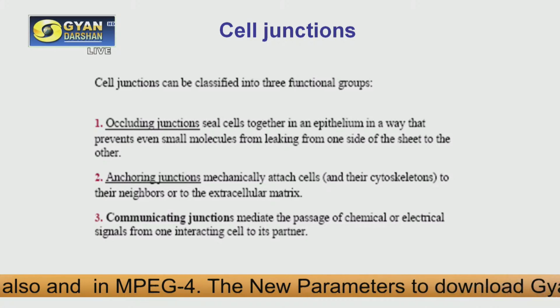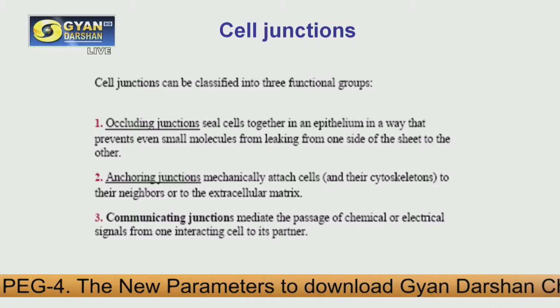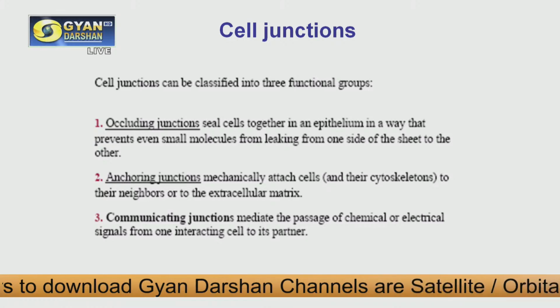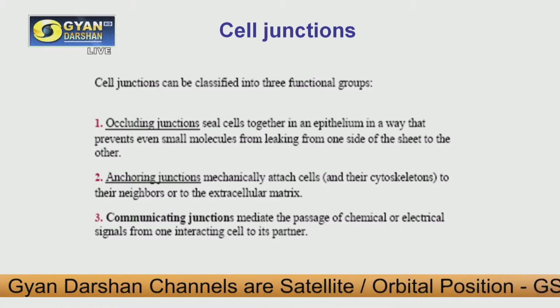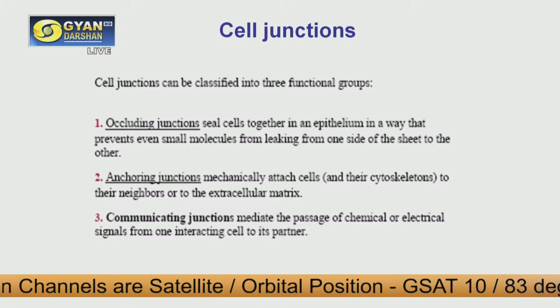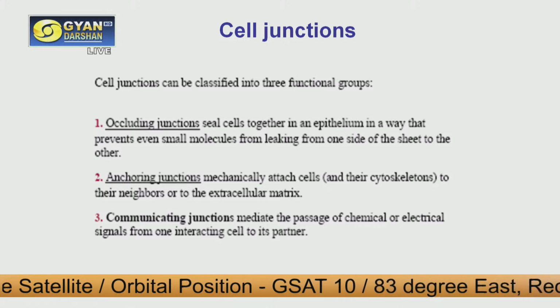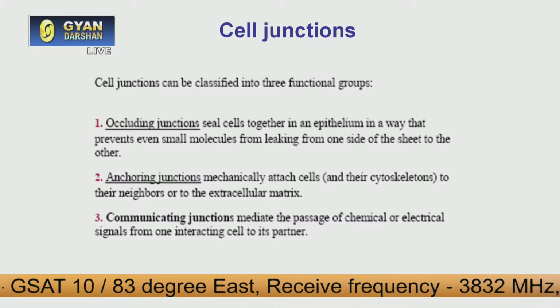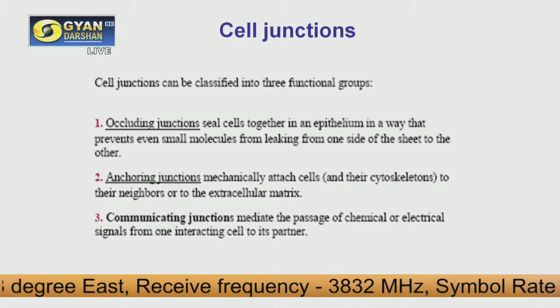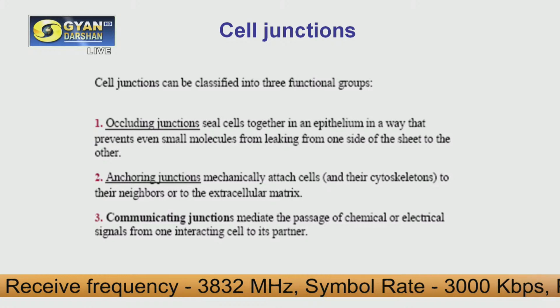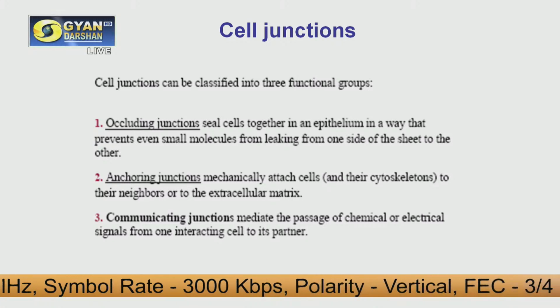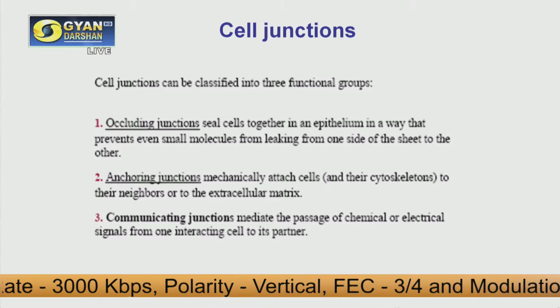Now these junctions can be classified into three different groups. One we call the occluding junction, one anchoring junction, and the third communicating junctions. Now we will try to understand what this means. The first one, that is occluding junctions, which are also known as tight junctions. Their main function is to arrest the communication between two cells.